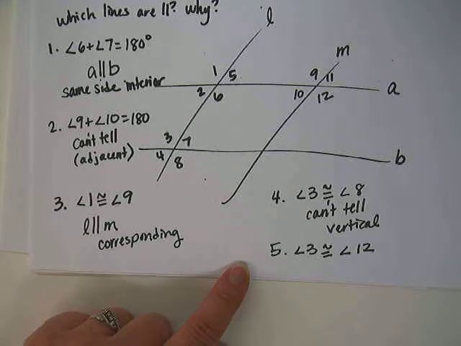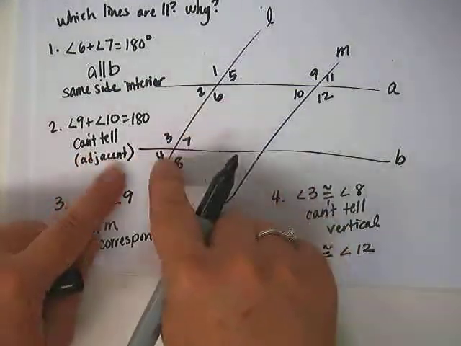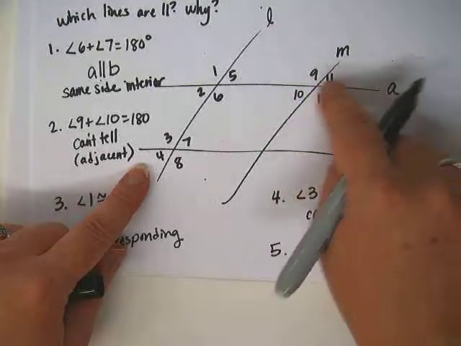Let's do angle 3 is congruent to angle 12. I chose a tricky one this time.